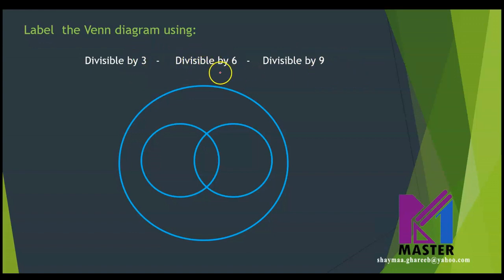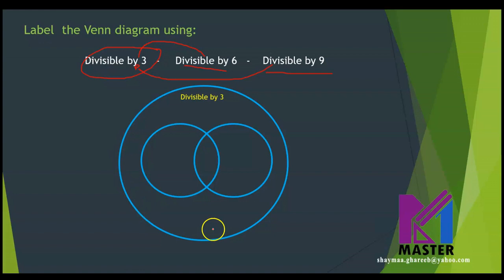So if the number is divisible by 6, it is divisible by 3 as well. If the number is divisible by 9, it must be divisible by 3. So any number that is divisible by 6 or 9 must be divisible by 3 as well. Which means the large circle outside will be divisible by 3.